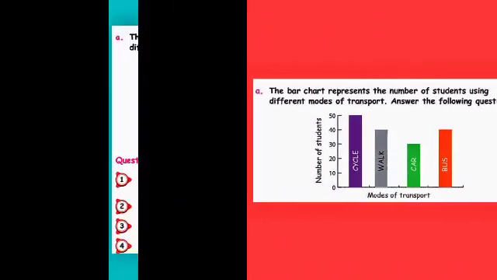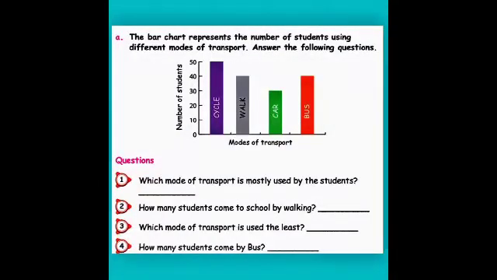First question is, which mode of transport is mostly used by the students? Mostly means more times. So, the number of students coming in the mode of transport is bicycle. The second question is, how many students come to school by walk? We found the number as 40.